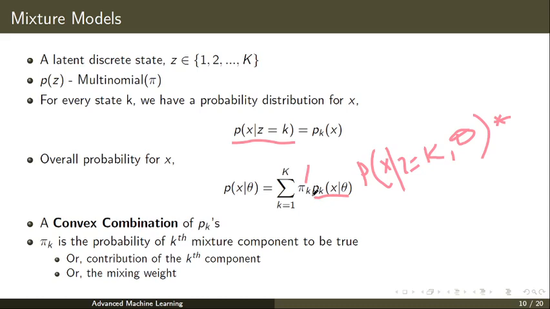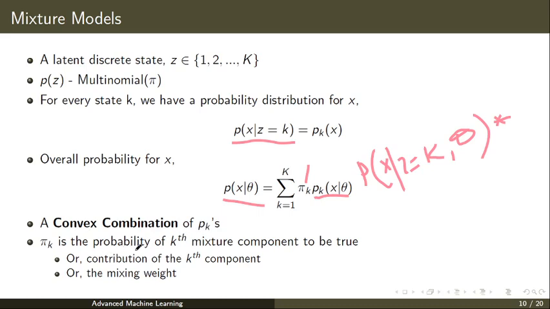So pi 1 into probability of x given z equal to 1, plus pi 2 into probability of x given z equal to 2. Summing over all these together, you will get probability of x given theta. So the k can be dropped, because we have considered all the k values. So it's a convex combination of all the p_k's.